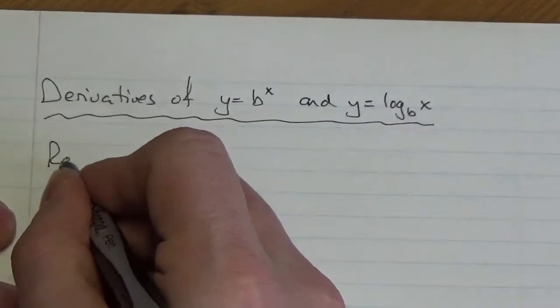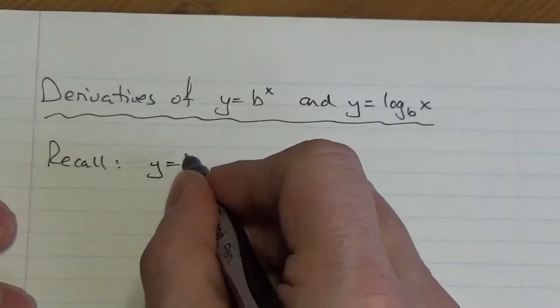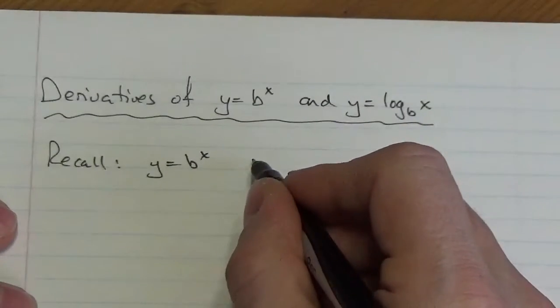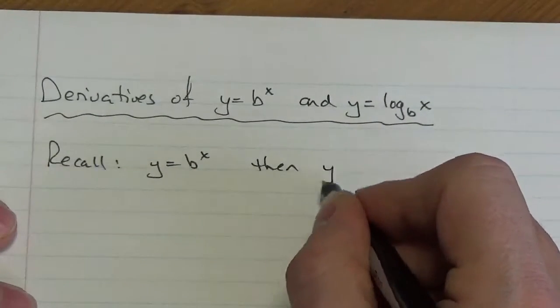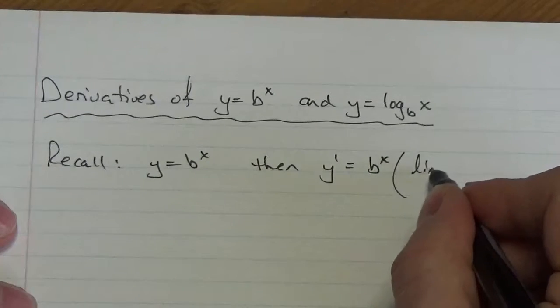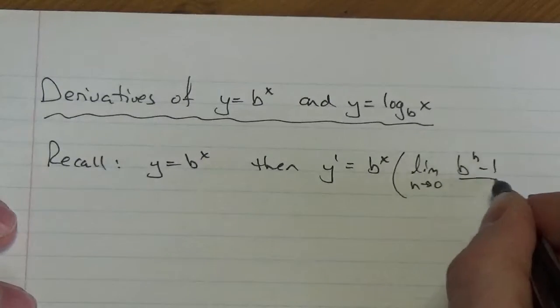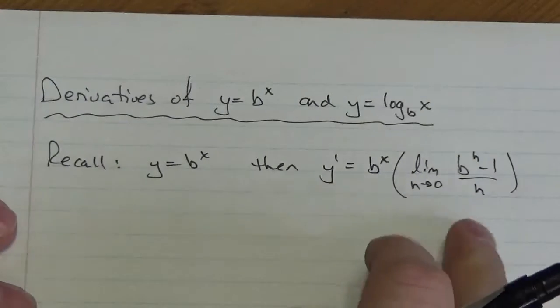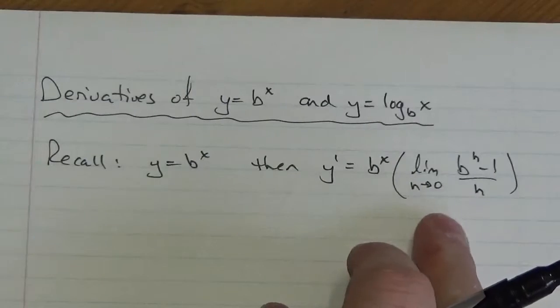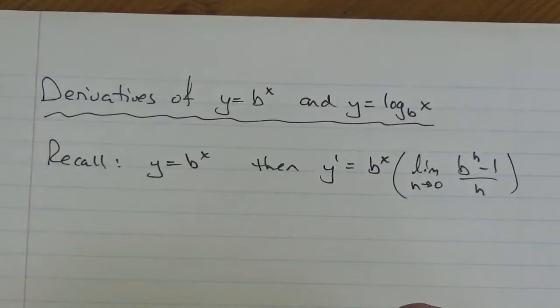So again, and I know I've said this a few times already, recall that if y is equal to b to the x, then the derivative is again b to the x, but now multiplied by the limit as h approaches 0 of (b to the h minus 1) over h. And that is a little ornery to work with. You'd have to start going into your calculator and fiddling around with it to make that work.